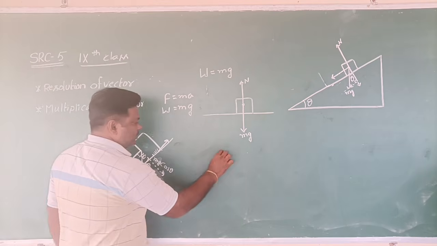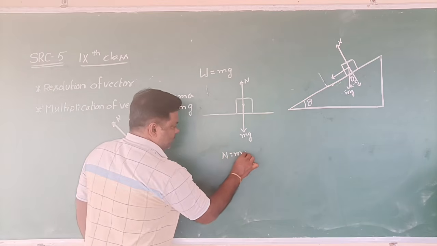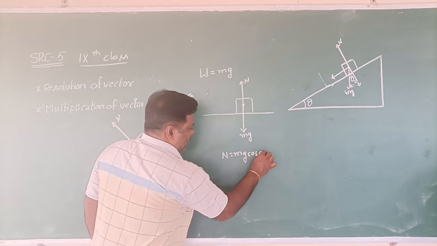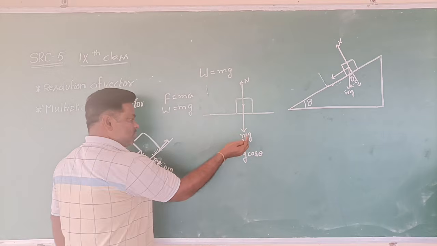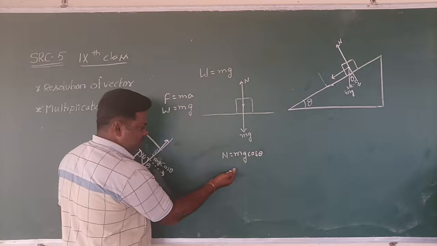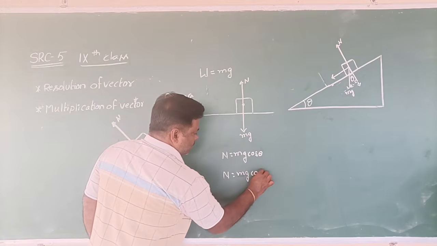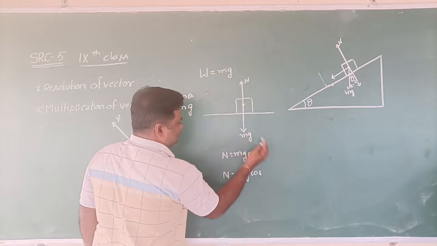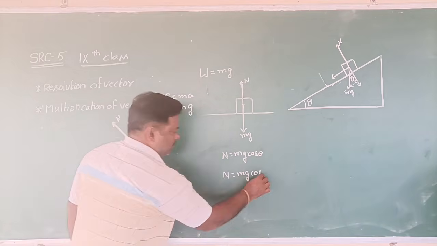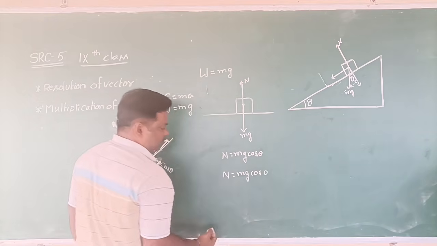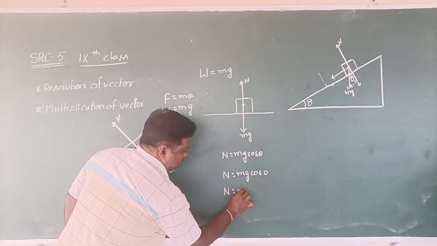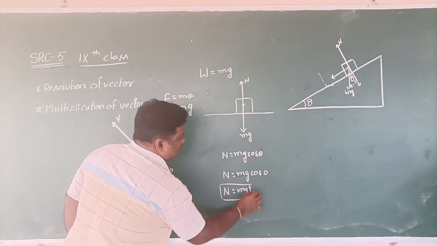Actually N is equal to mg cos theta, right? Why does the weight not resolve there? Because of this. N is equal to mg cos of the angle made by normal with mg. What is that angle? 0. Cos 0 is equal to 1. Then N is equal to mg. That's what you got there.